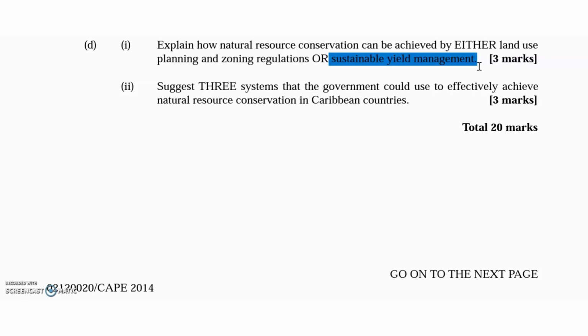So sustainable yield management is a very conservative approach where produce can be derived in a significant, quantified and controlled way. And it is low impacting upon the environment.